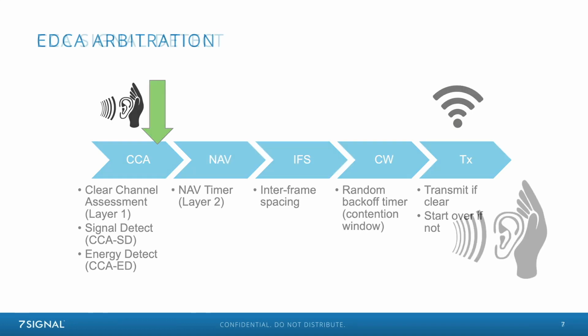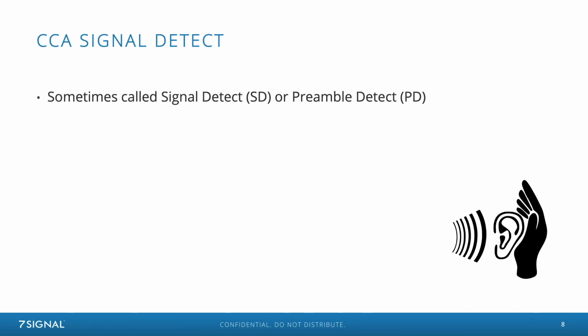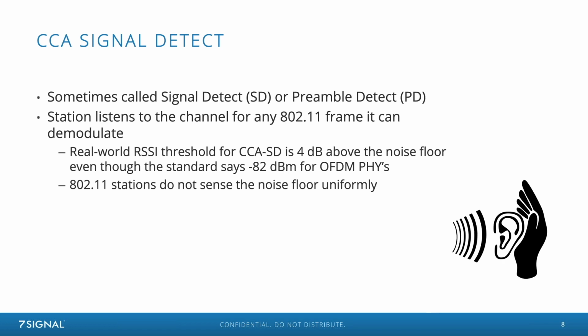There are two components of the clear channel assessment. We have signal detect, where we're listening for any 802.11 frame that we can demodulate. Don't let "signal detect" fool you.